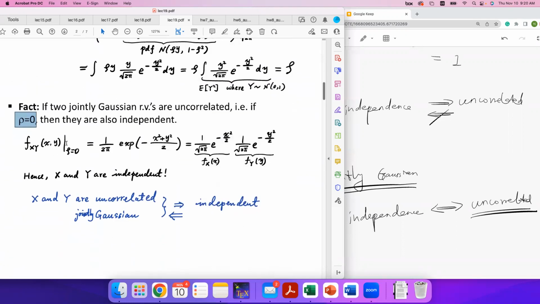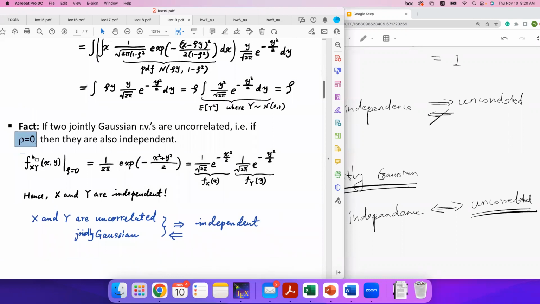Then this joint PDF evaluated at rho equals 0 has a very simple form. And this form can be factorized into a product of these two. Well, you can see each part of this product is a standard normal distribution.